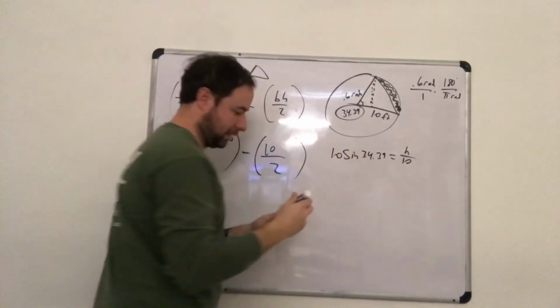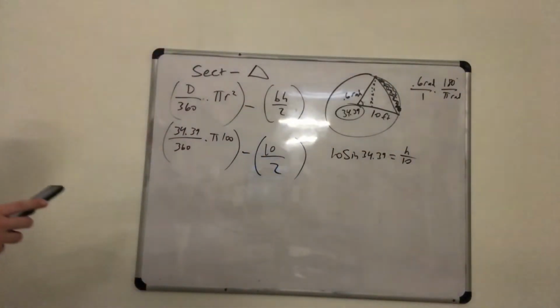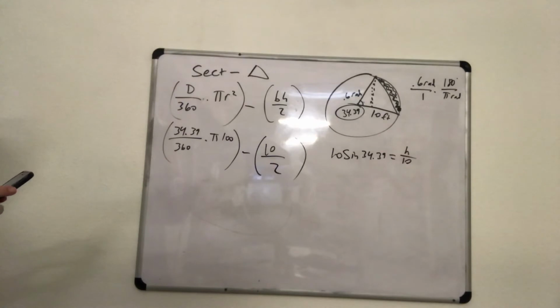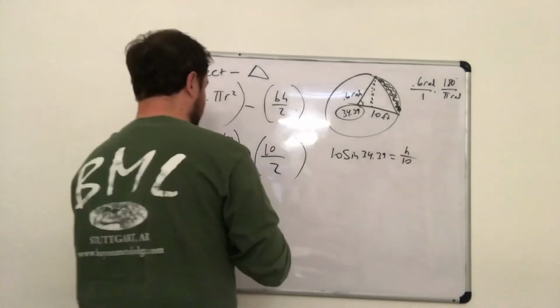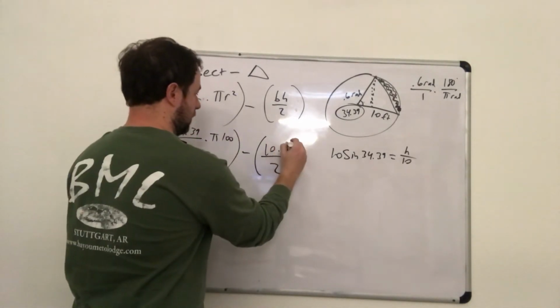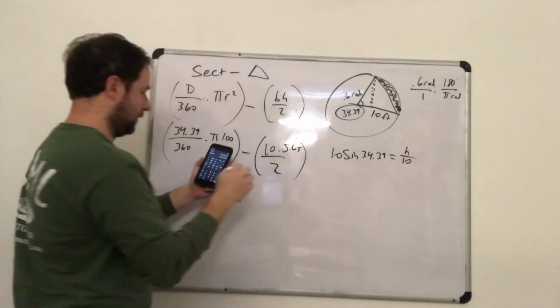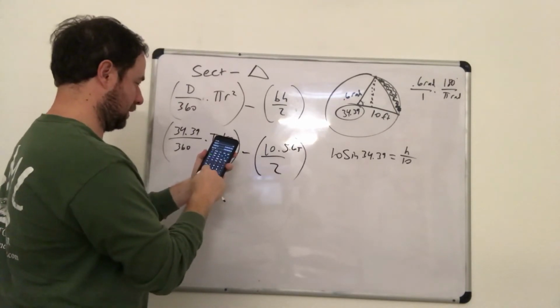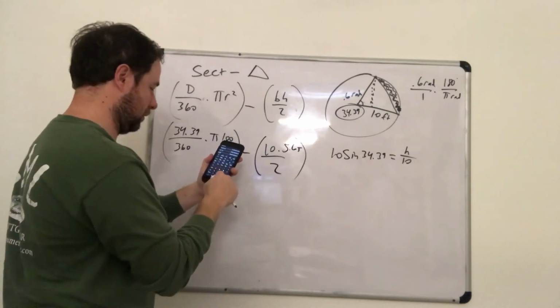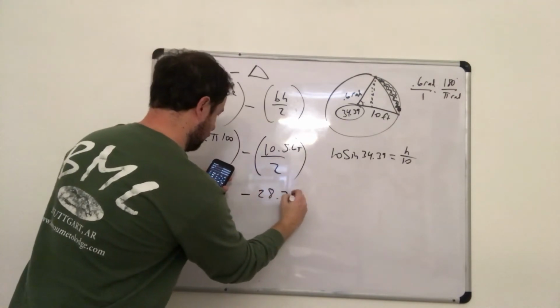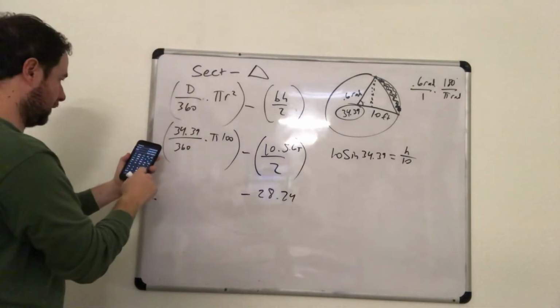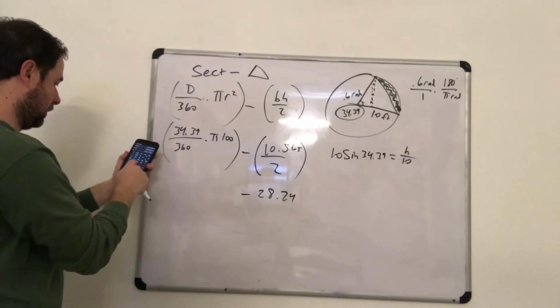So we multiply 10 over here. So we go 10 sine 34.39, and that gives us 5.65. So that is our height. Multiply that times 10 divided by 2. So we have 28.24 here.